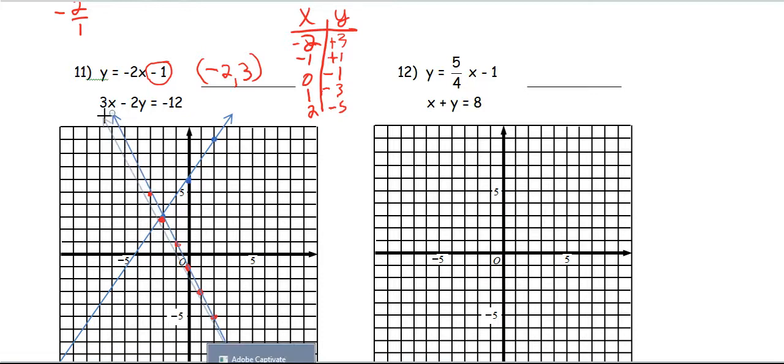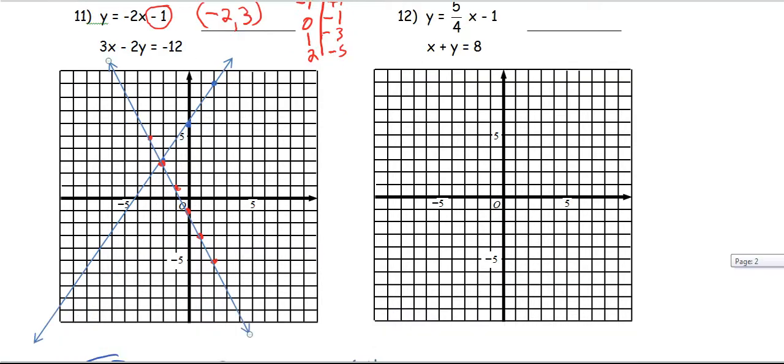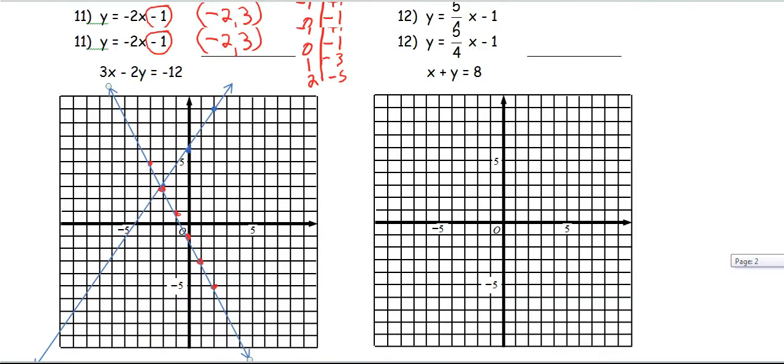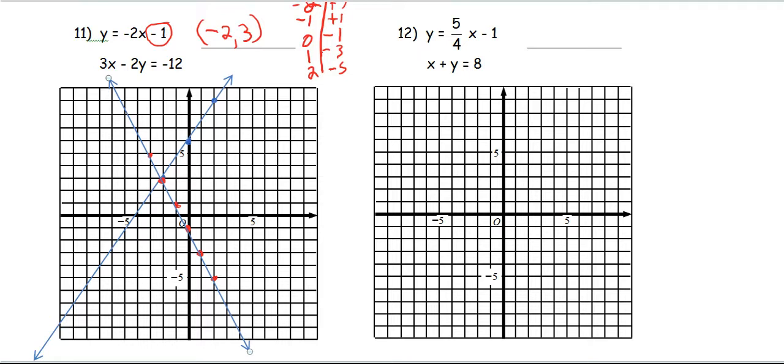And I need to make sure it goes right through the corner of those boxes. Just like that. Yes, all the way to the end. And again, my point where I have a solution is right here, and that is -2, 3.